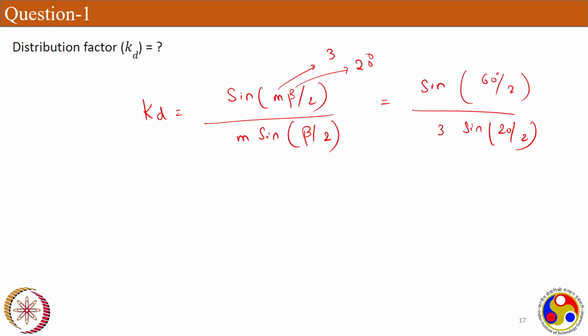That is 0.9597. This is the factor by which our voltage will be reduced if it's a distributed winding. For short pitch by one slot, we got 0.9848. If it's distributed, it will be 0.9597.